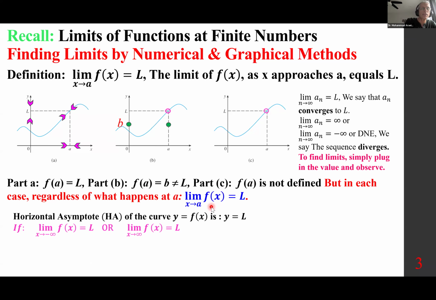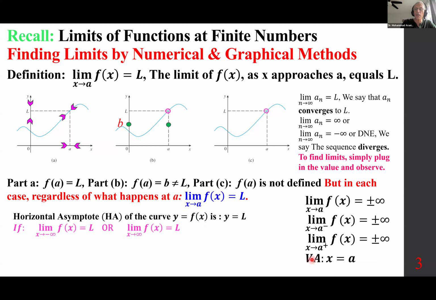Definition of a horizontal asymptote, HA, is as follows. If you have the function y equals f of x, the line y equals L represents the horizontal asymptote if the limit of f of x as x approaches negative infinity or positive infinity is L. Vertical asymptote, VA, has the equation x equals a if the limit of f of x as x approaches a, or a from the left or a from the right, is either positive or negative infinity.